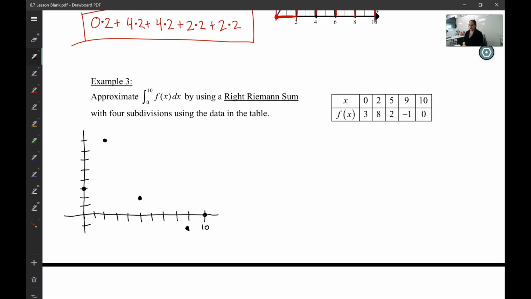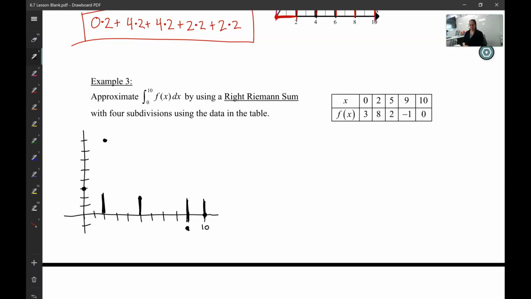Now, this says approximate the area under the curve from 0 to 10 by using a right Riemann sum with 4 subdivisions using the data in the table. So let's make sure that if I use these subdivisions, I should get 4 rectangles. 1, 2, 3, 4. Perfect.